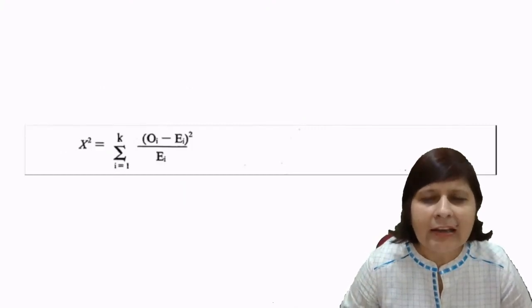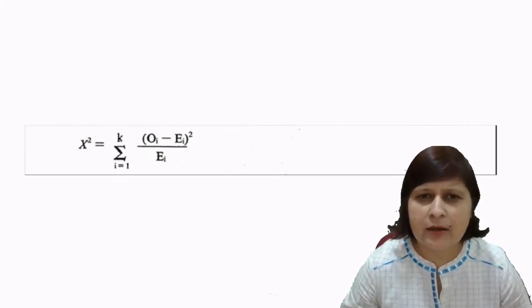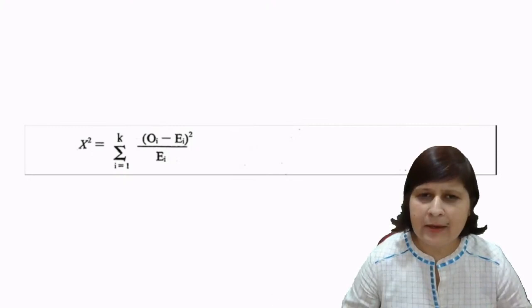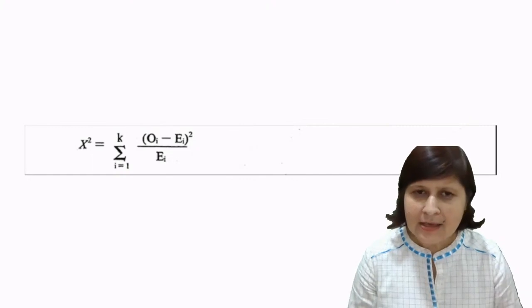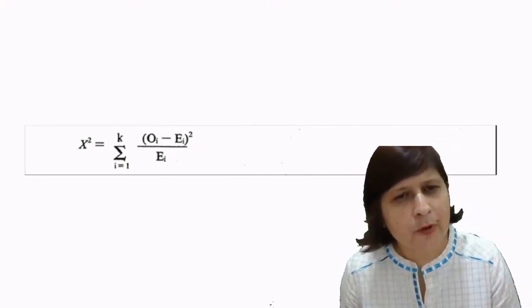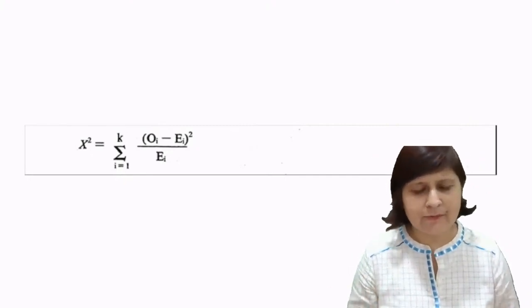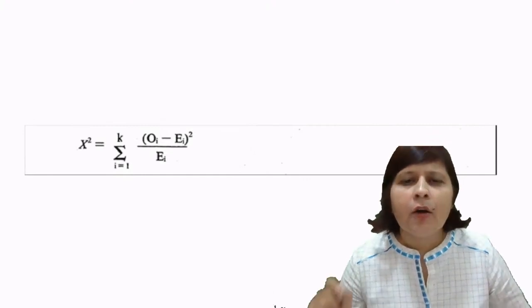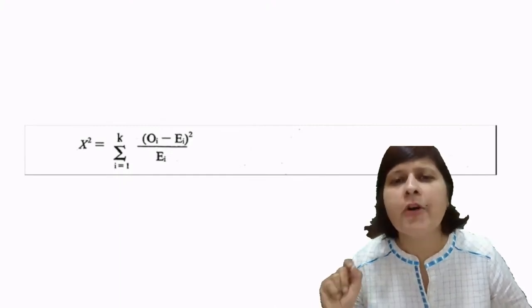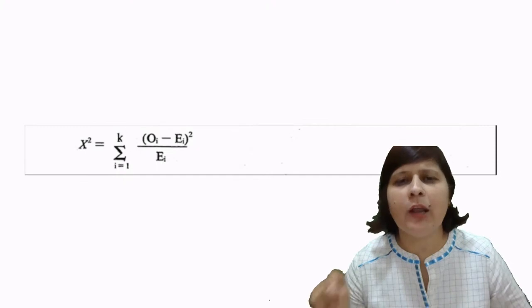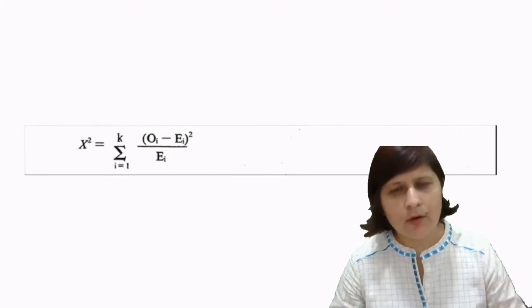The formula to calculate the chi-square value is chi-square equals the summation from i equals 1 to k, where 1 to k covers the sample, of the square of observed value minus expected value, divided by the expected value. That gives the value of chi-square.